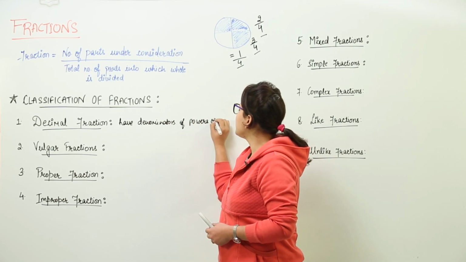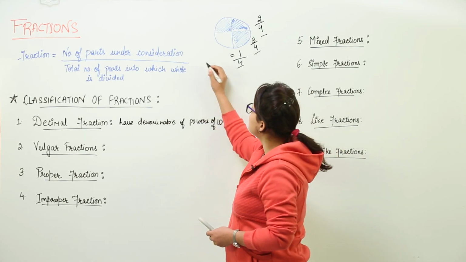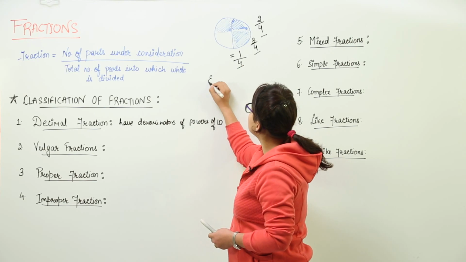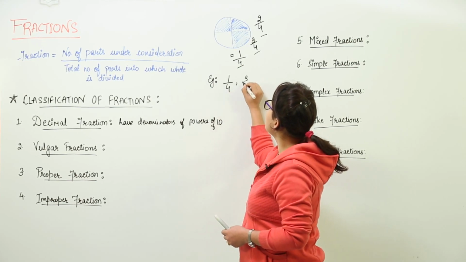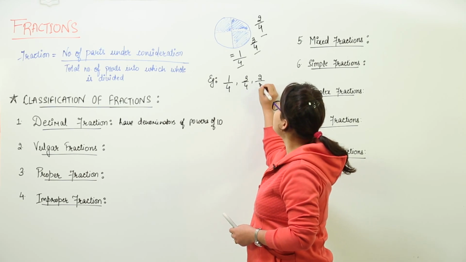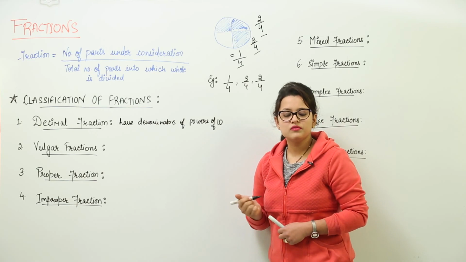Now, what do you mean by a denominator and a numerator? That should be told. Okay, I have written down the examples of fractions, that were 1 by 4, 3 by 4 and 2 by 4. Now, all these 3 are fractions.